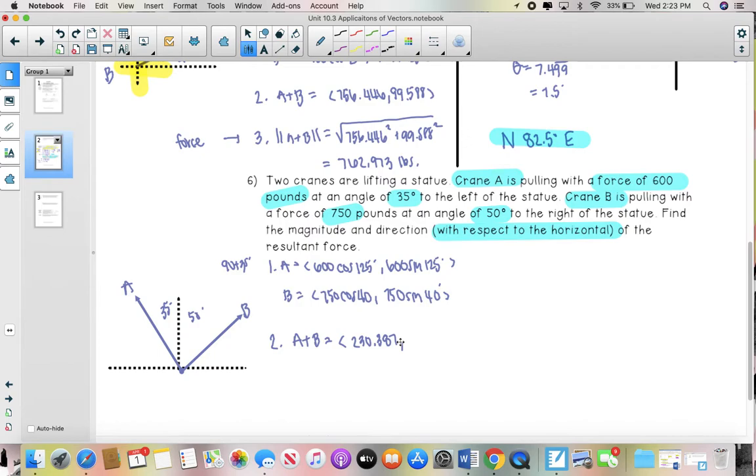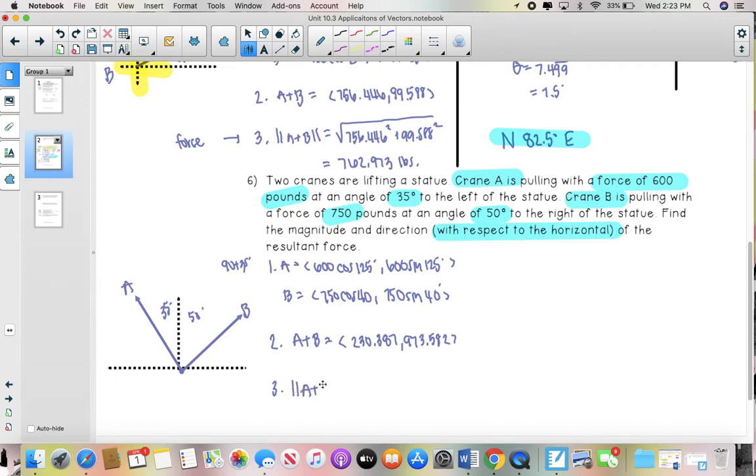And then you're going to do the same thing, but with sine. And you get 973.582.